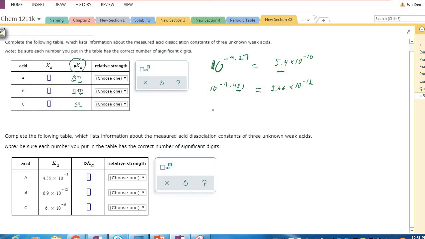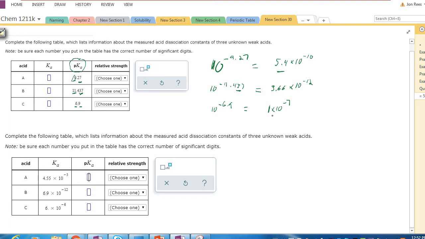And then for the last one, that should only have 1 sig fig. That'd be 10 raised to the minus 6.9. And when I do that, I get 1 times 10 to the minus 7th.